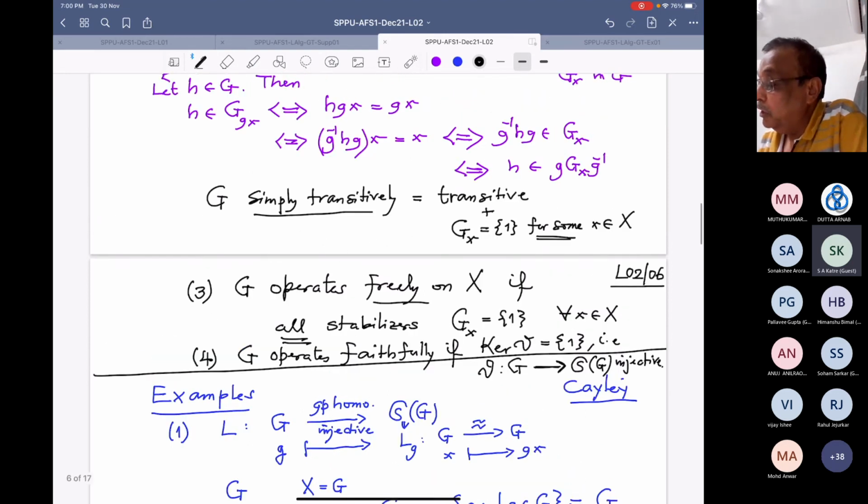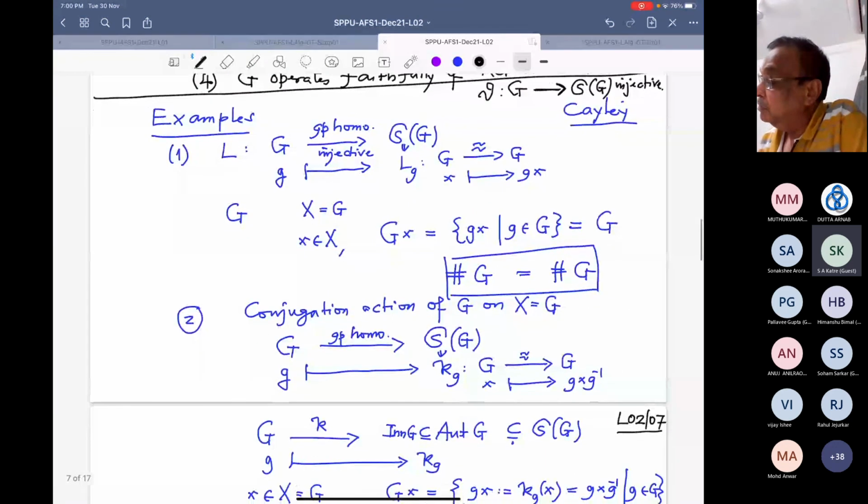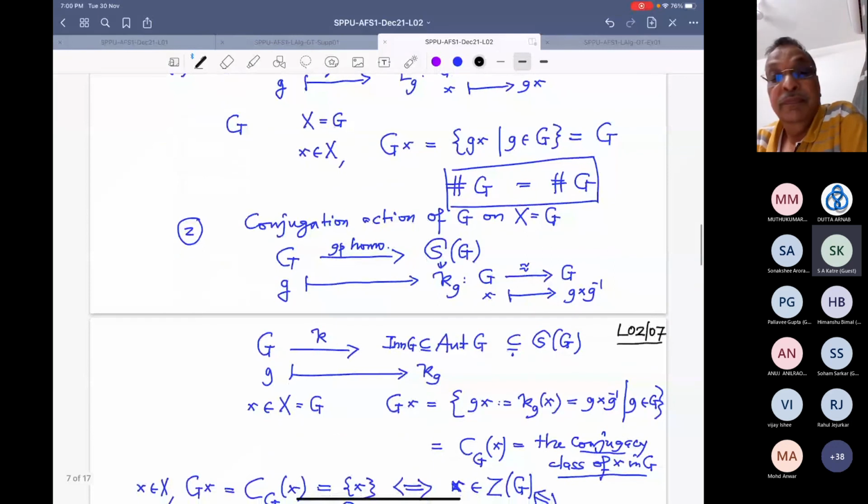That is the case in our first or second example. In this case it is faithful, in this case also it is faithful.